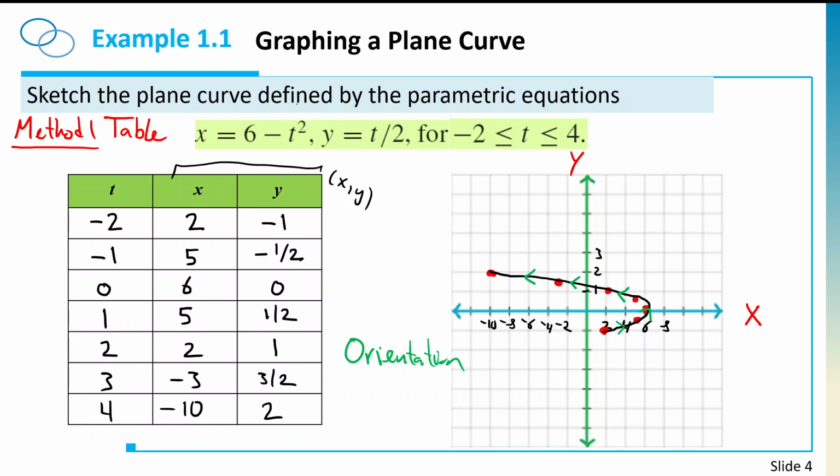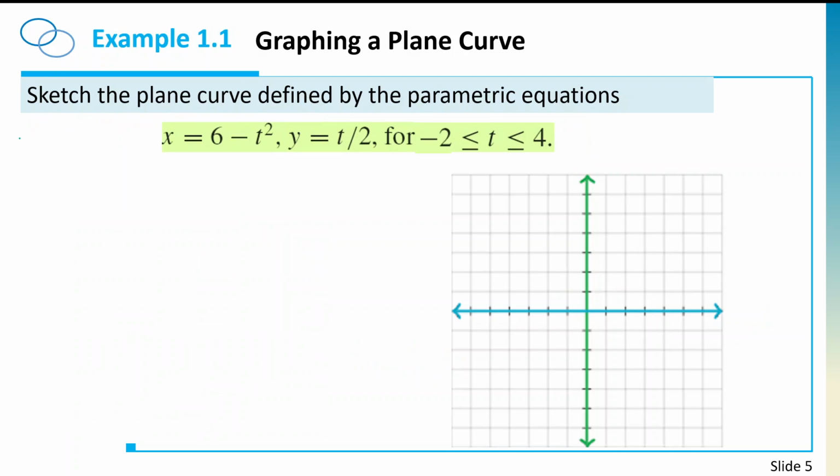So in the second method, we have to use elimination. I need to eliminate the parameter t. How can I eliminate t?